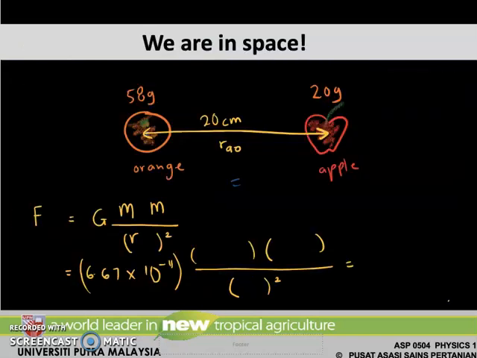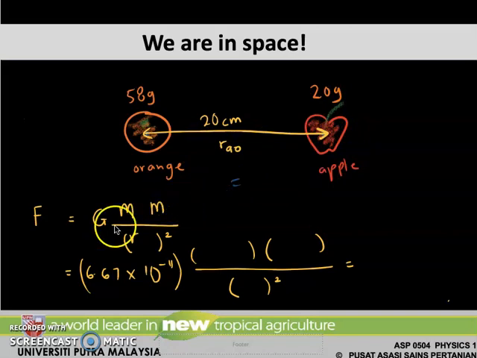Guys, this is serious. I'm in space and I brought two fruits with me, an orange and an apple. And my apple keeps orbiting around the orange. I know, why, right? But I need to figure out what the gravitational force is between the apple and the orange.